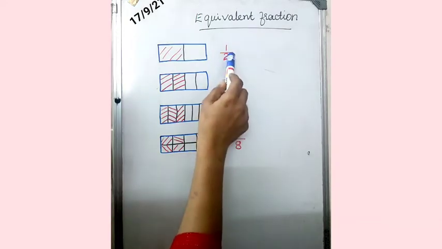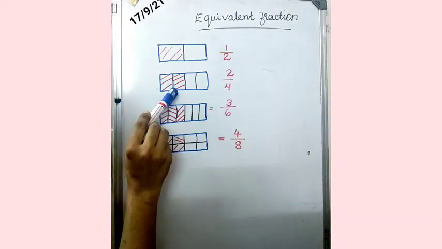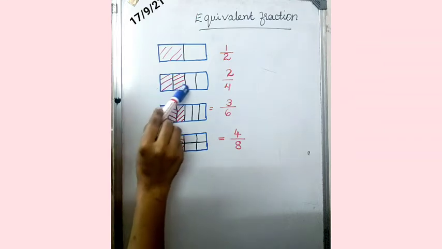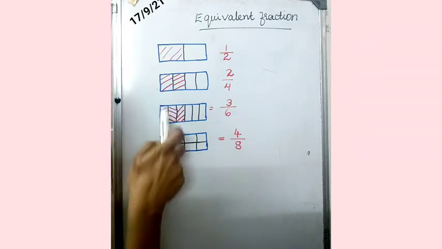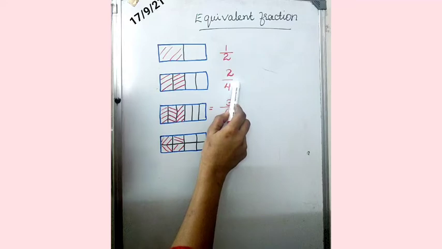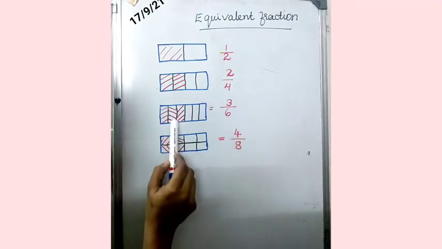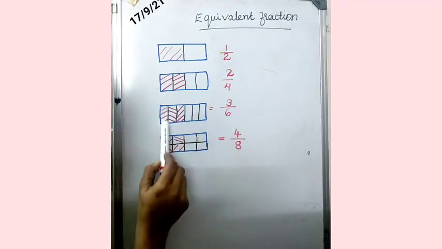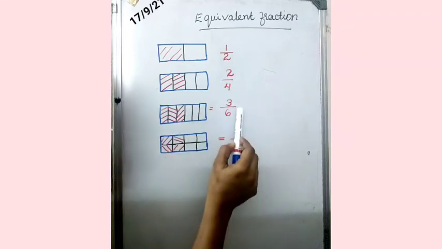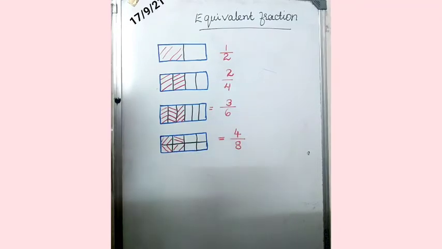Here, look here. Here the fraction is 1 by 2. Here the fraction of this half, when I divide this half into 2 pieces, becomes 2 by 4. Here I again divide the half into 3 portions, then the fraction becomes 3 by 6.